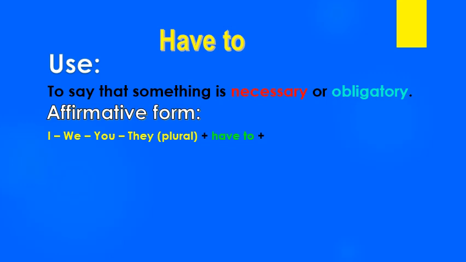I, we, you, they or any plural nouns إذا كان لدينا ضمائر الجمع أو أي اسم جمع plus have to. And if we have he, she, it or any singular noun إذا كان لدينا ضمائر المفرد we add has to plus infinitive form or base form or verb 1.